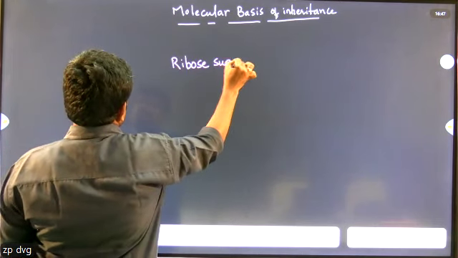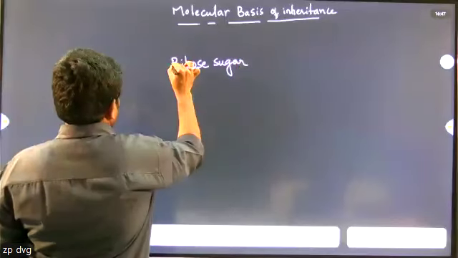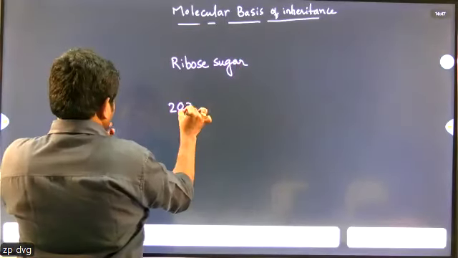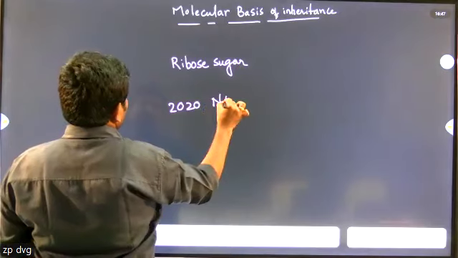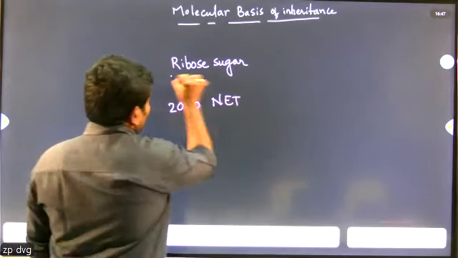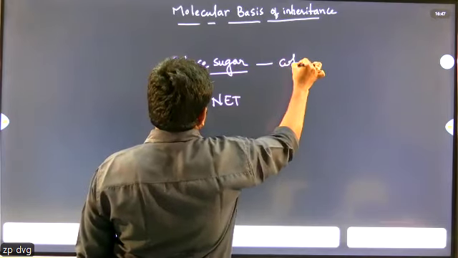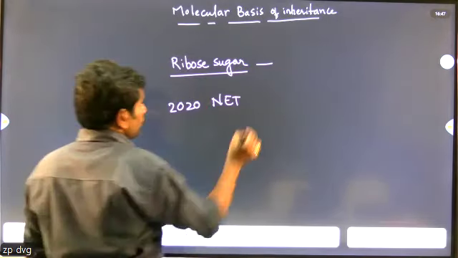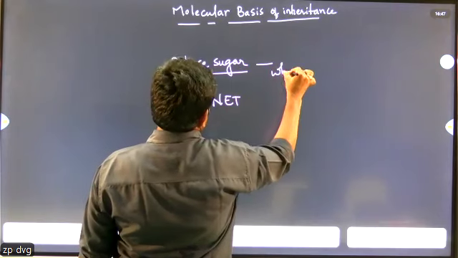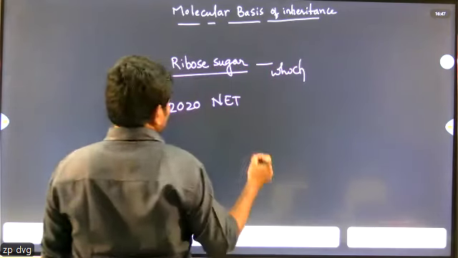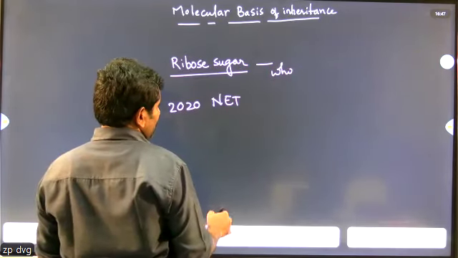So in the 2020 NEET question, they have given: in ribose sugar, the nitrogen base replaces which OH group? Which carbon's OH group is replaced?